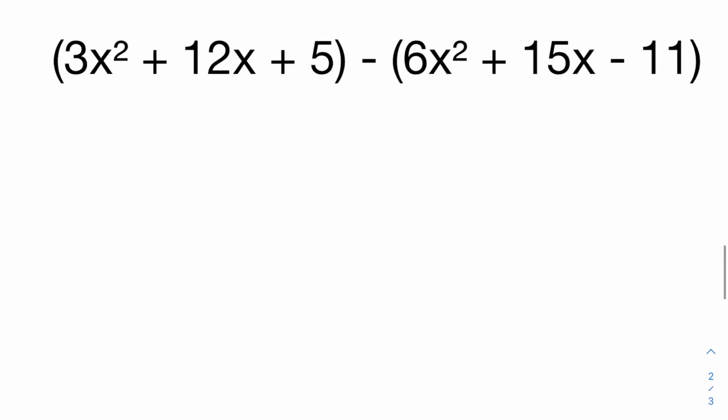So here, what can we do with this first polynomial? If you said something like drop the parentheses, that's absolutely correct. Then with the negative, what do we have to do here? If you said distribute, that's absolutely correct.